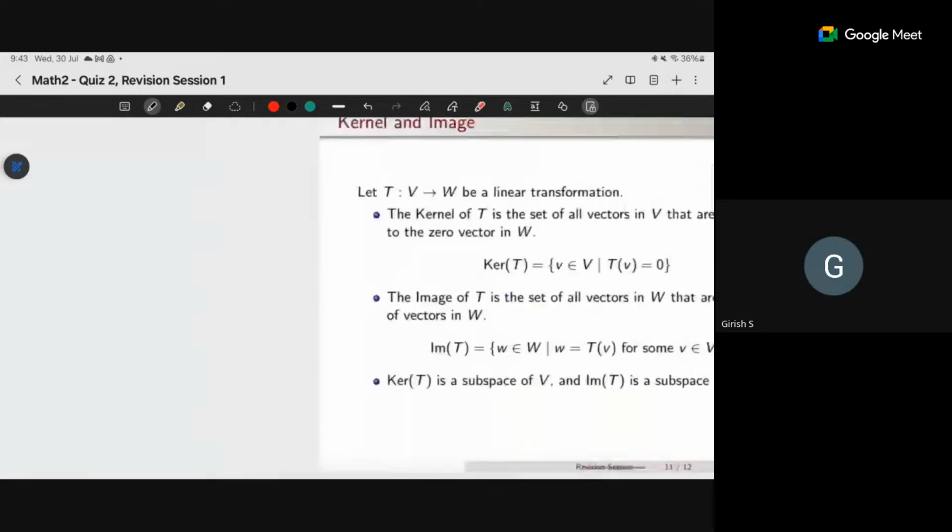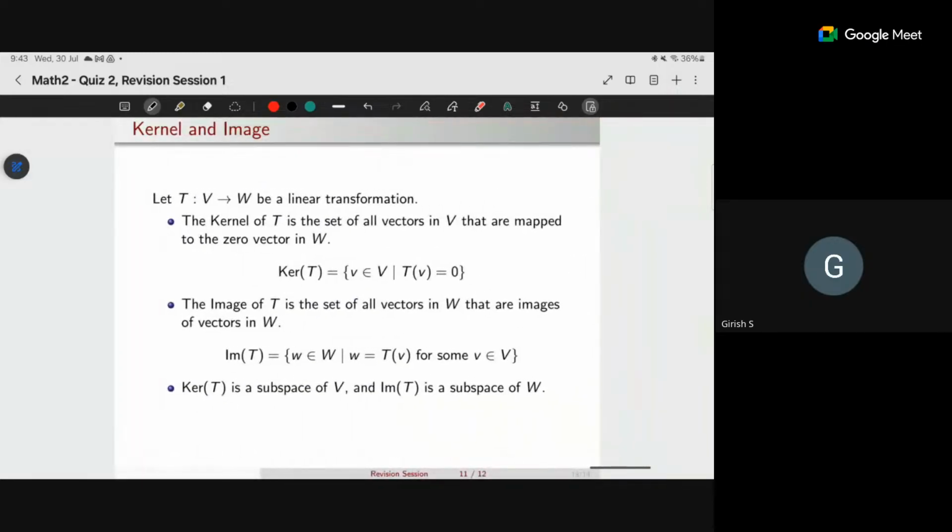All right. So the final thing that we want to do is kernel and image of linear transformations, in the pursuit of finding whether or not a linear transformation is injective or surjective. That is what we have been trying to do so far.